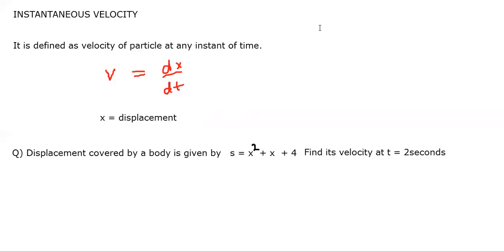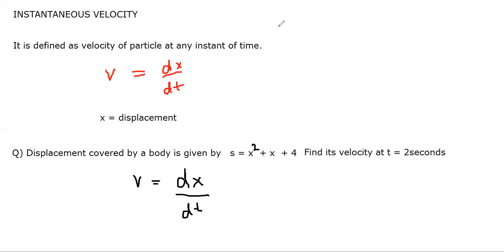So you know the formula for instantaneous velocity. We have v is equal to dx by dt. But here we don't have x, they are using the symbol s. The question can use any symbol for displacement: x, s, even a, any symbol.